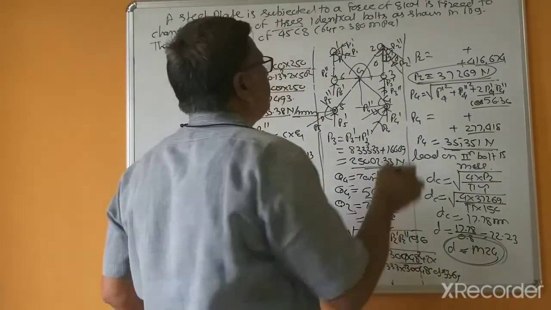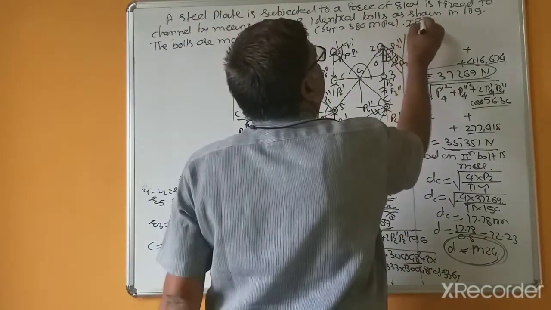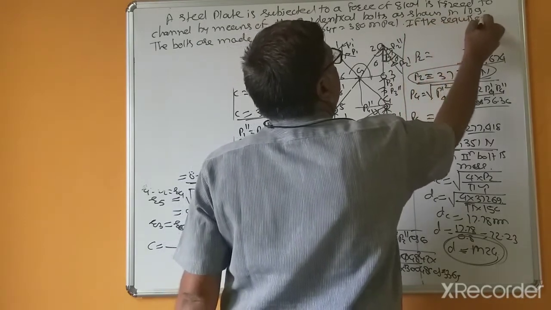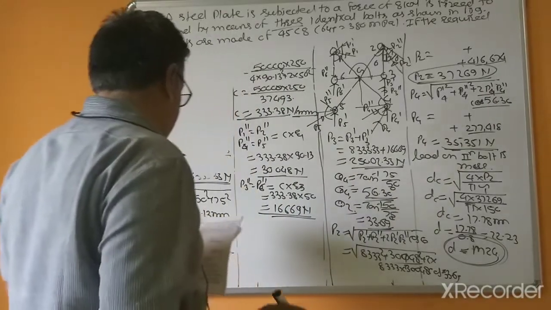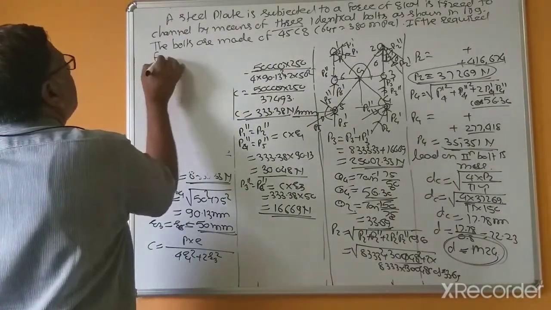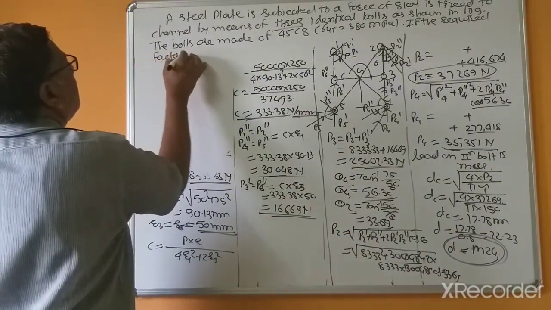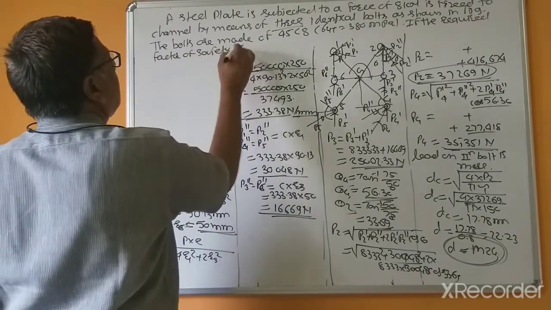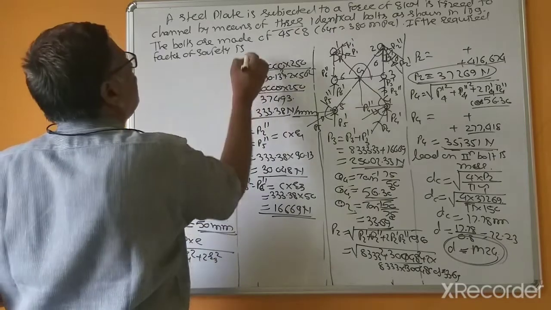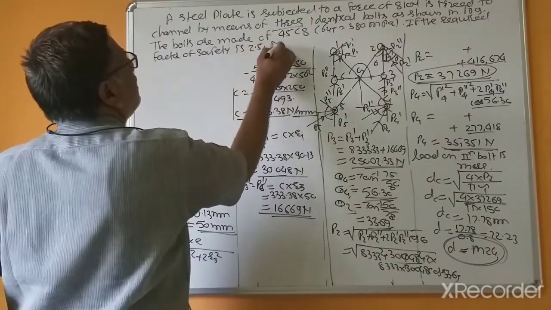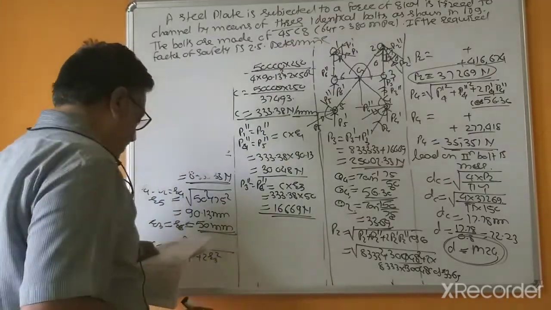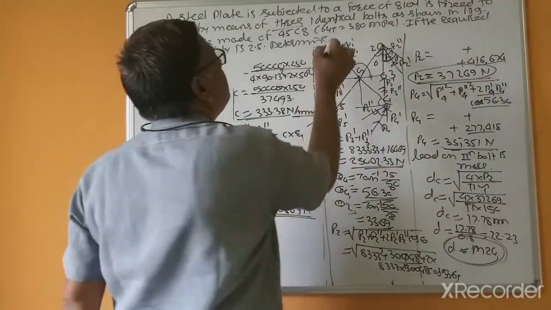If the required factor of safety is 2.5, determine the size of the bolts.